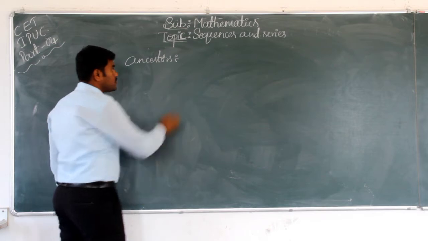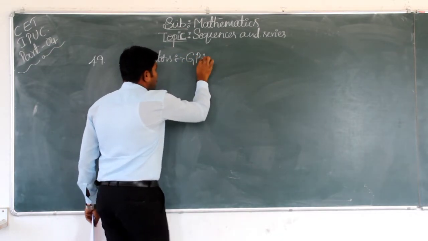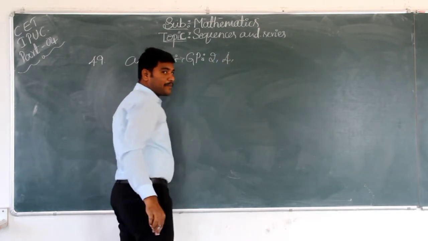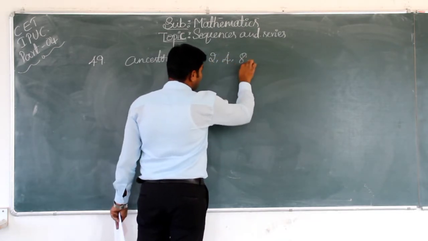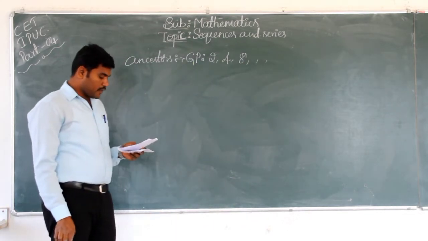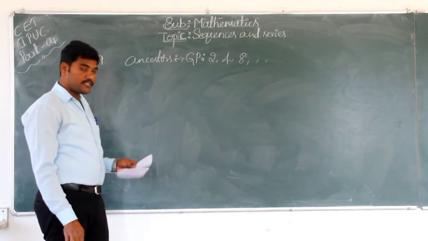That is in terms of GP, right? GP is two parents, 4 grandparents, 8 great grandparents and so on. So find the number of his ancestors during 10 generations preceding his birth.